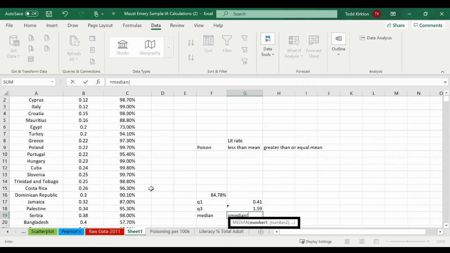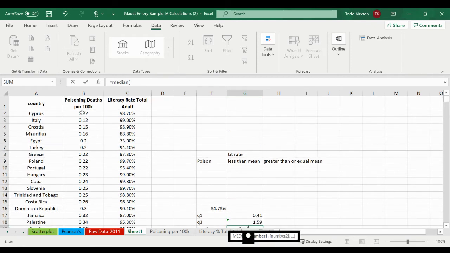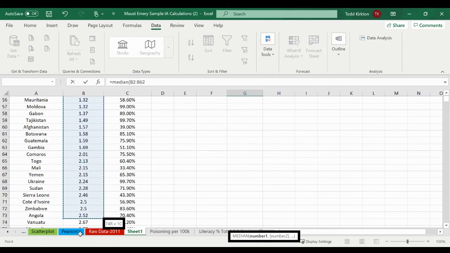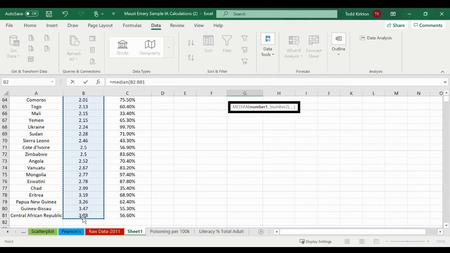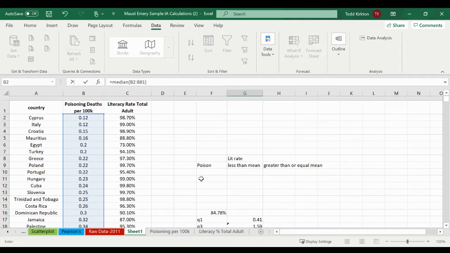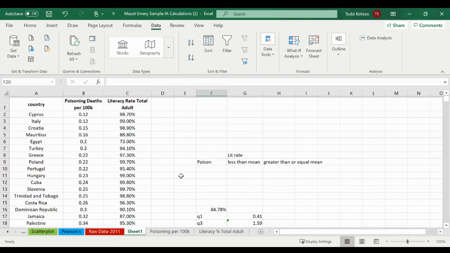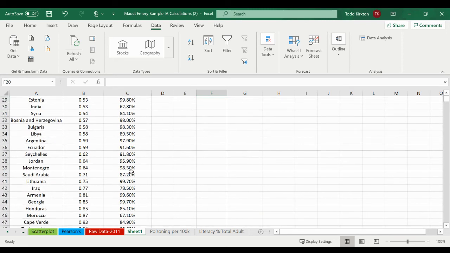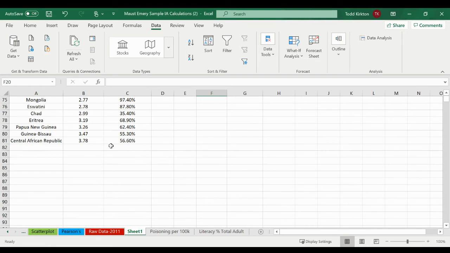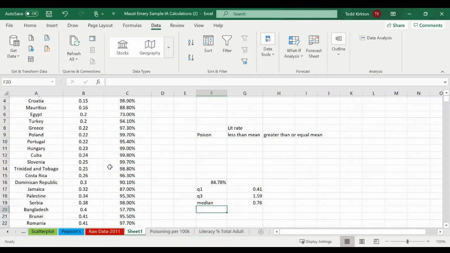I can get it from my other paper too, but this does the median for you. So I have the lower quartile, the median, the upper quartile. I know the min, I know the max. The min's 0.12, the max is 3.78.